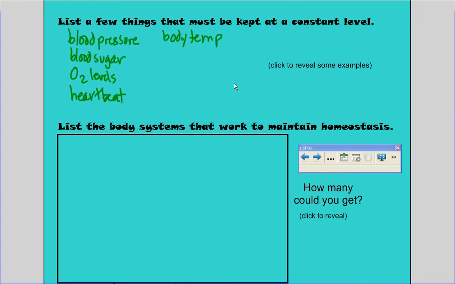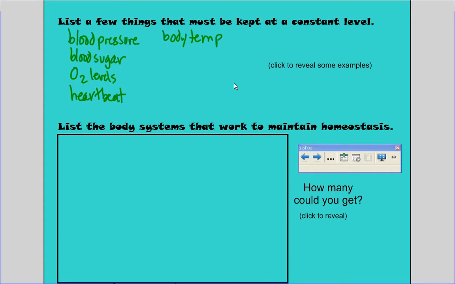There's lots of other things that we're going to learn about too, like even your blood pressure, your heartbeat, hormone levels, you name it. There's lots and lots of things inside of you that have to be maintained at a fairly constant level.